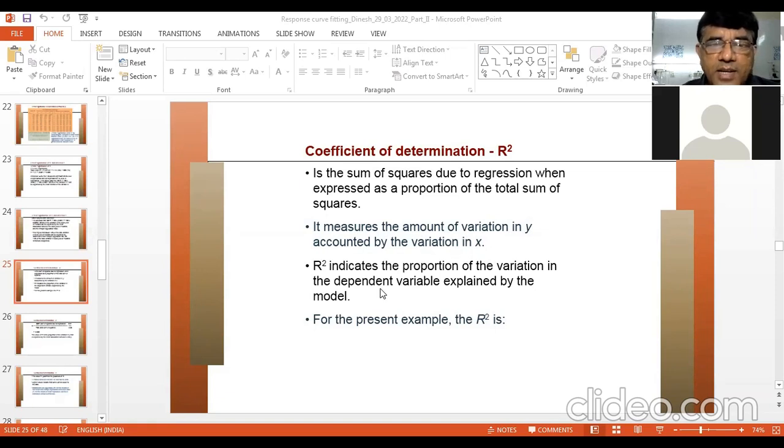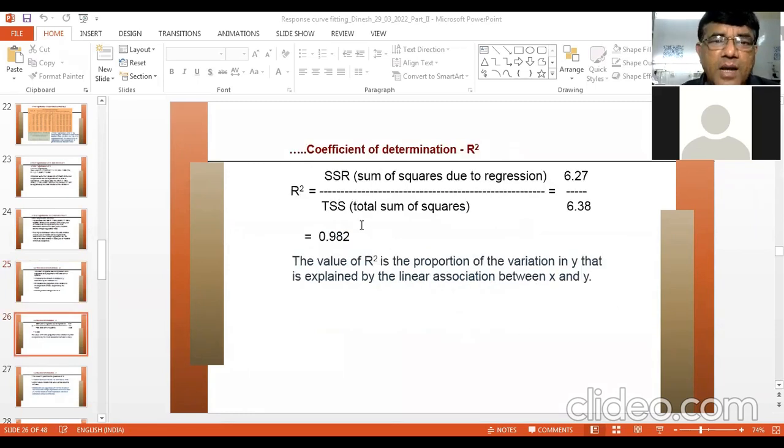R square indicates the proportion of the variation in the dependent variable explained by the model. For the present example, this is the formula of R square. You can directly calculate by squaring the correlation coefficient, and you can indirectly calculate like this. The value will remain same.